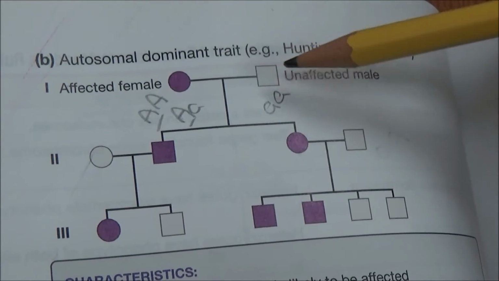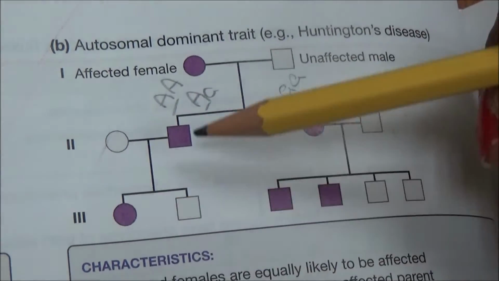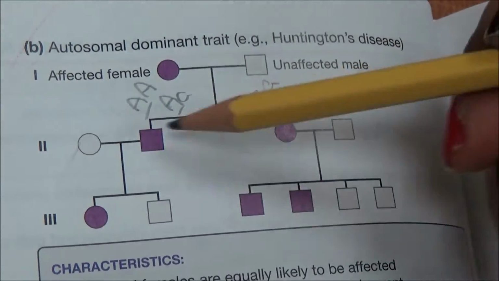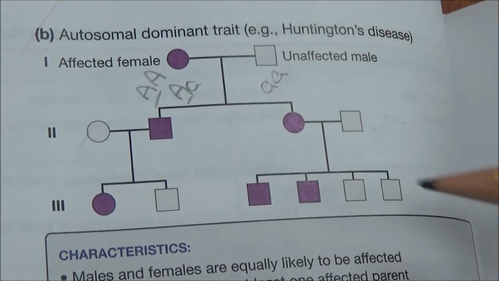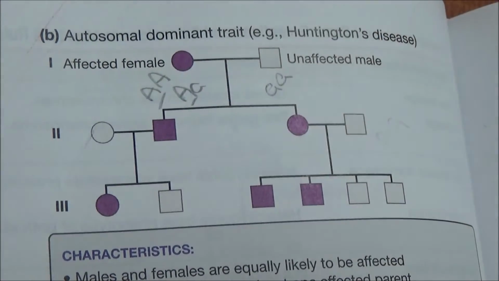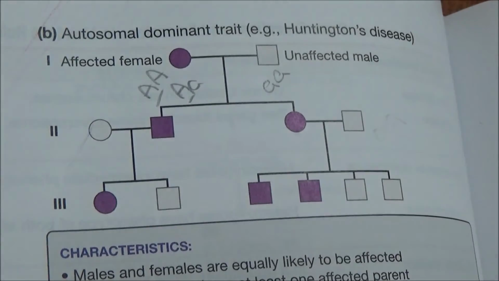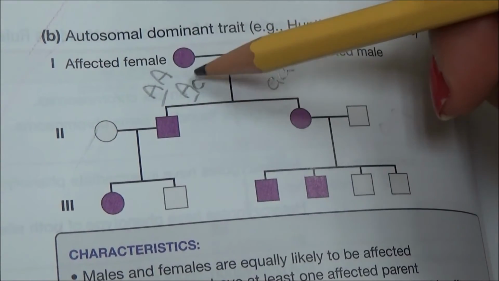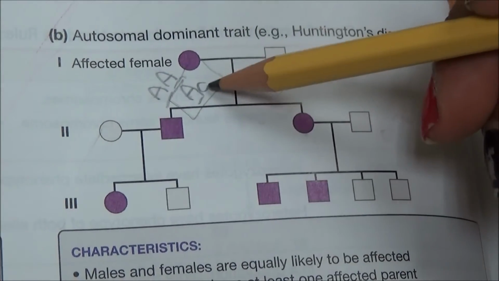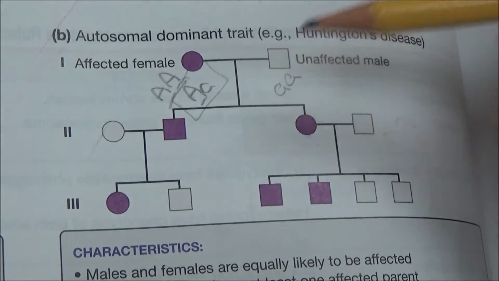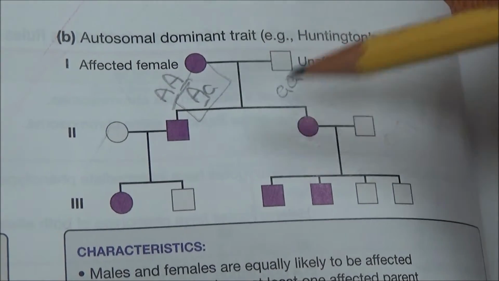Moving on from the first generation to the second generation, you can tell that the children, the ones in the purple, are both affected. And the only way they're both going to be affected is if they each carry at least one dominant allele. That won't be possible if you have this genotype for the mom, because that means you have a probability of getting a recessive allele in the children.